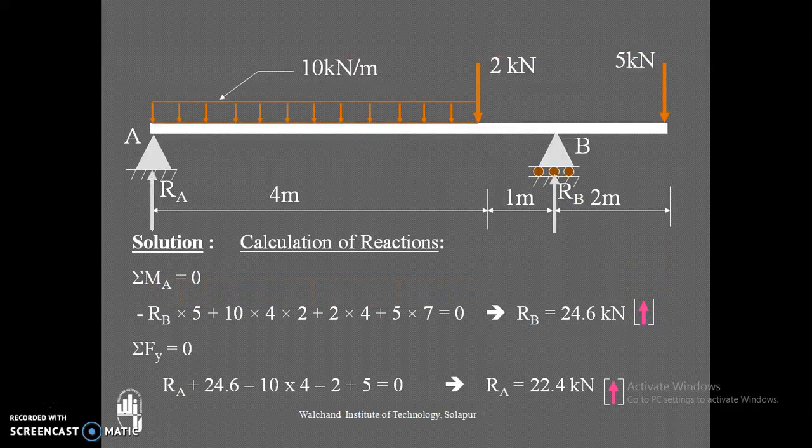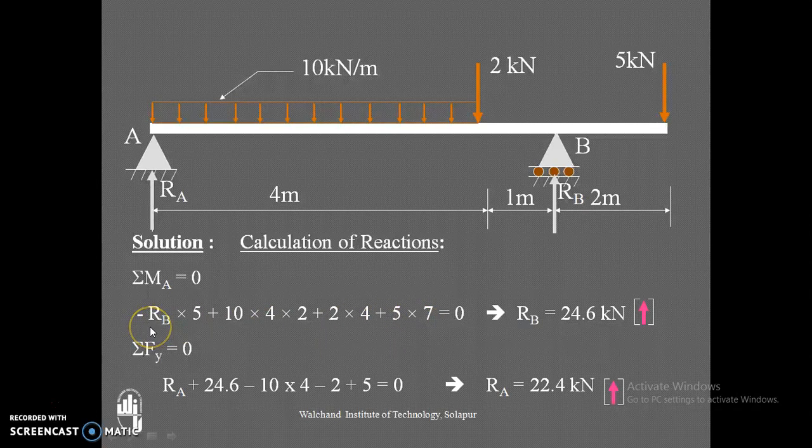Now our first step, always in an SFD BMD problem, is calculation of reactions. First we will directly apply summation of moments equal to 0 at A. So RB into 5, negative, plus UDL 10 into 4, that is the total load, into 2, positive, plus 2 into 4, the moment of the 2 kilonewton concentrated force, plus 5 into 7, the moment of the 5 kilonewton concentrated load, where 7 is the distance.